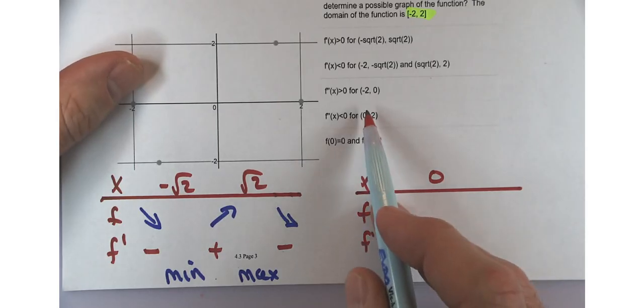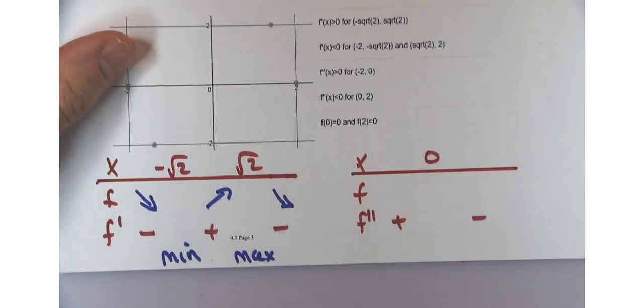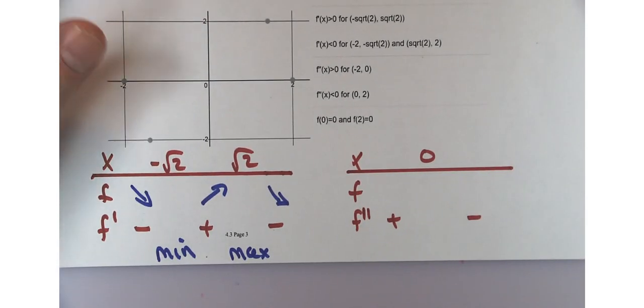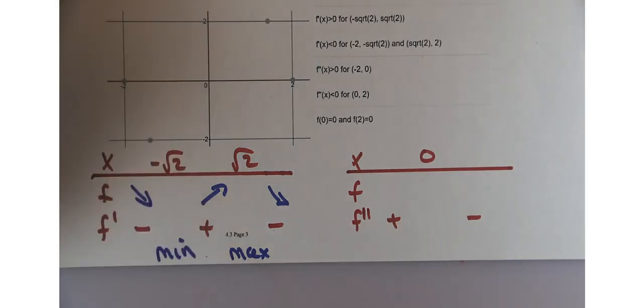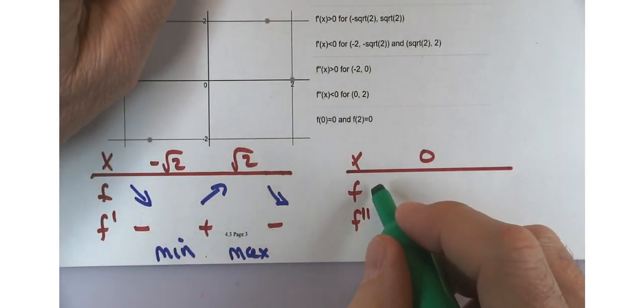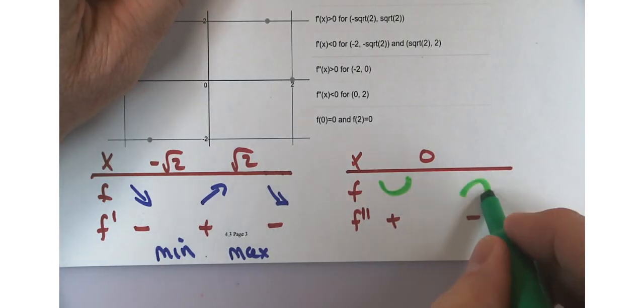So to the left of 0, the second derivative was positive, and here the second derivative is negative. Zaid, what's happening with the function if the second derivative is positive? What's its shape there? Goes up. Concave up, good, and then concave down. Thank you.